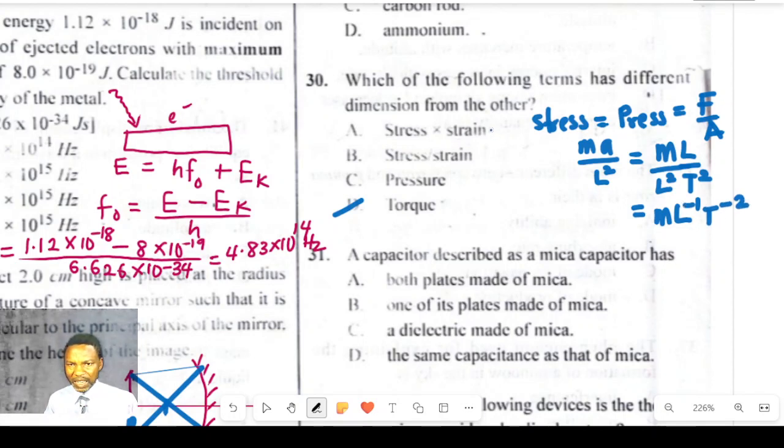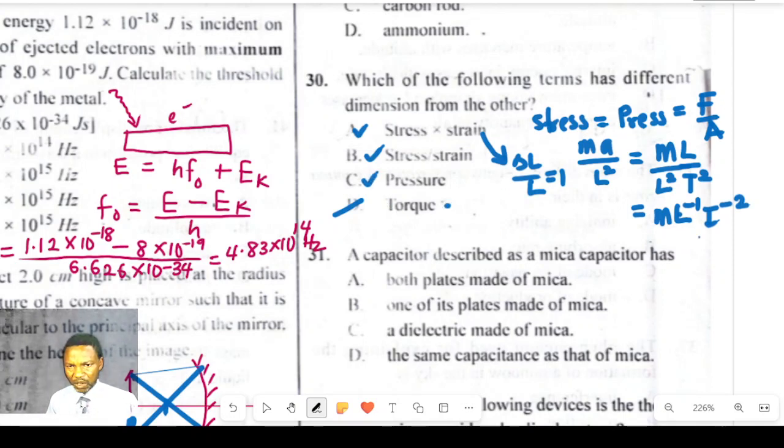So this is going to give us M L to the minus 1, T to the minus 2. And then for strain, it is delta L over L, which is equal to 1. So the dimension of A is this. The dimension of stress divided by strain is still the same thing because you are dividing by 1. The dimension of pressure is this.